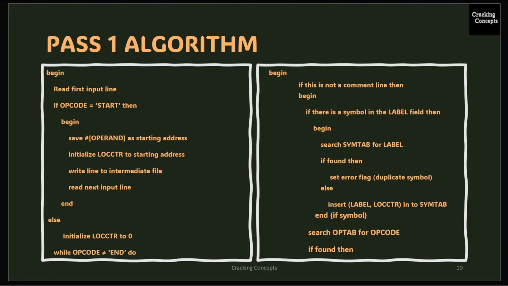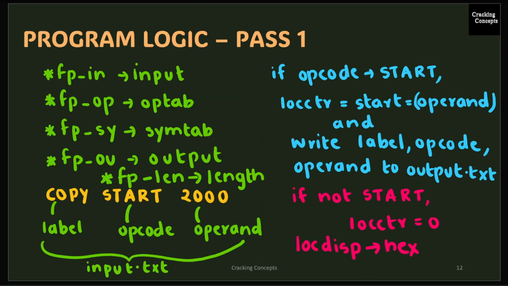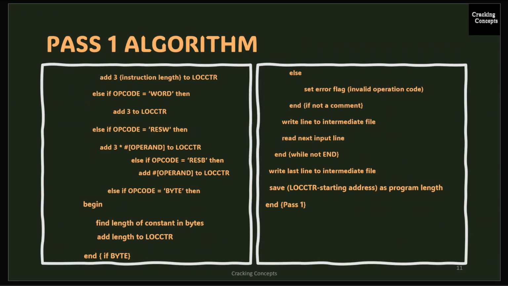After all those are completed, next it will search the optab for the particular opcode. If a match is found, then it adds 3 to the location counter. Here 3 stands for the instruction length.